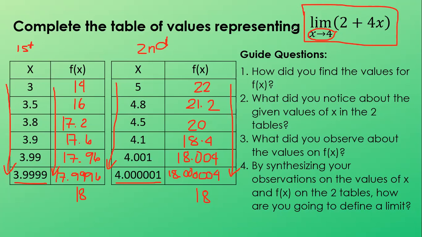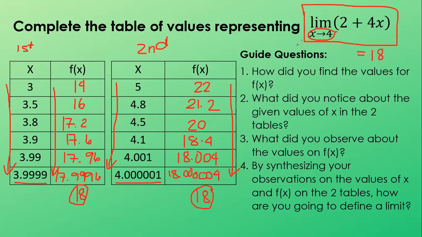So, ano ba yung hangganan ng ating function as x gets closer and closer to 4. Okay? So, ang hangganan niya or the limit niya ayon sa ating table is 18.